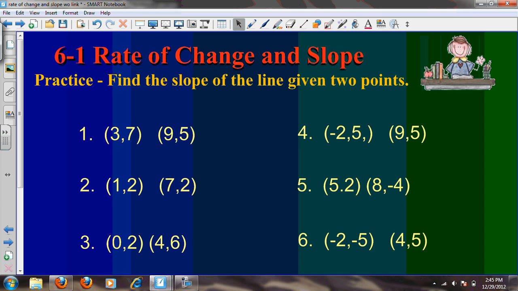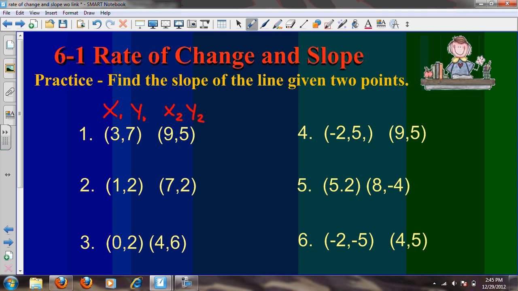Notice x, y, x, y. This was my first one, so this is x1, this is y1, this is x2, this is y2.